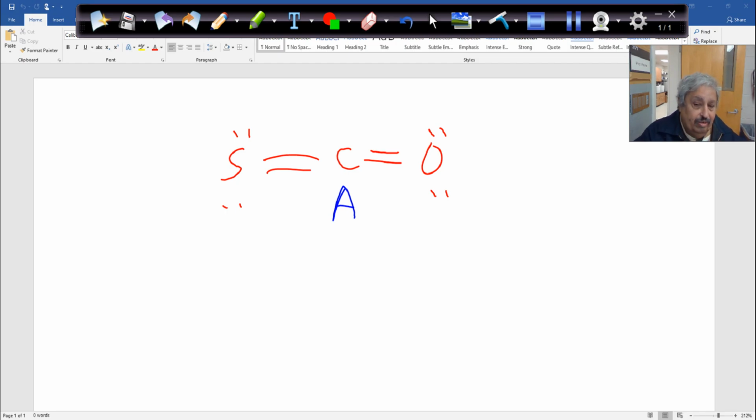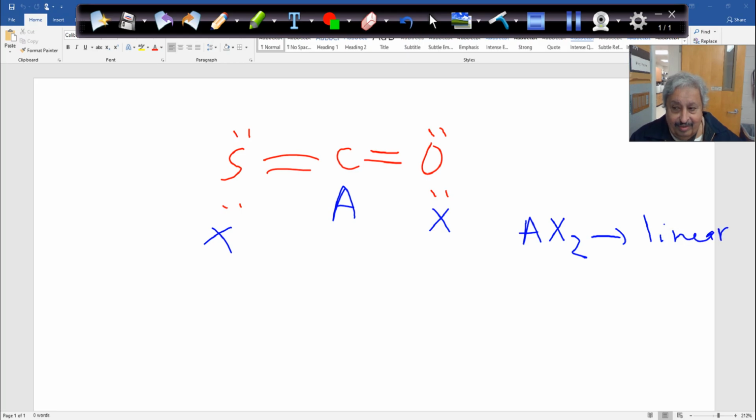This is B or X, whatever, X or B in some textbooks. So this is AX2, AX2, no lone pair. This is what? Linear, correct? And with this in mind, linear is always 180 degrees. So the angle here between oxygen, carbon, and sulfur is 180.